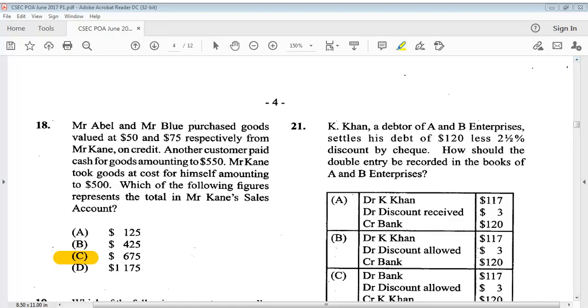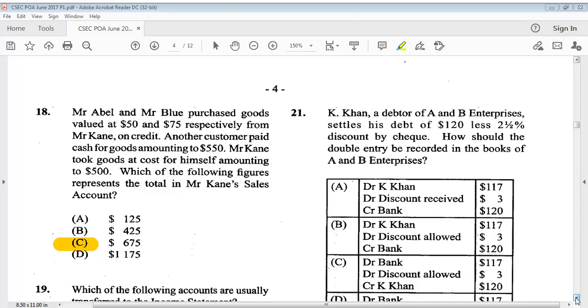Obviously, if he got a discount, that would be discount allowed. So for the discount allowed, we find 2.5% of $120, and that would give us $3. So the discount allowed would be $3, and that would be debited.